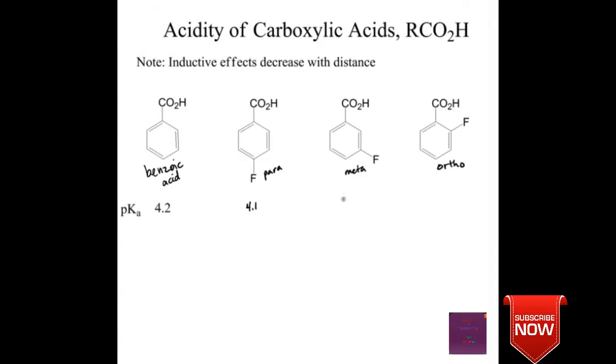And when it's meta, it's 3.9. And when it's ortho, it's 3.3. So almost 10 times more acidic by having the fluorine here. And this is quite far away from the O-. So it tells you that these inductive effects can be pretty powerful. The carboxylate conjugate bases all have the same resonance, but it's these inductive effects that are affecting their pKa's.